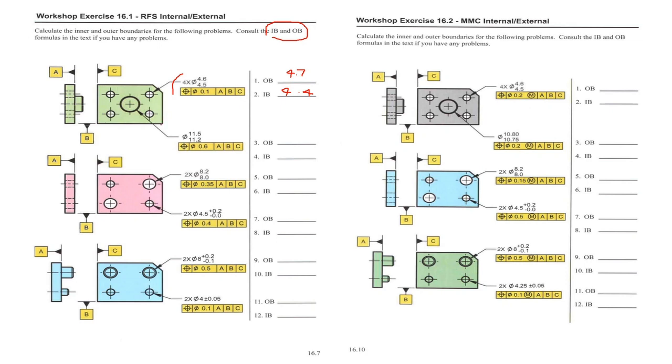And for this pin, the outer boundary is 11.5 plus 0.6, so 12.1, and the inner boundary is 11.2 minus 0.6, so 11, sorry, 10.6.